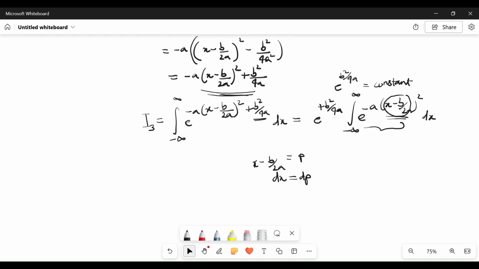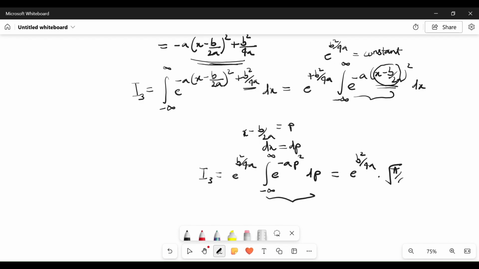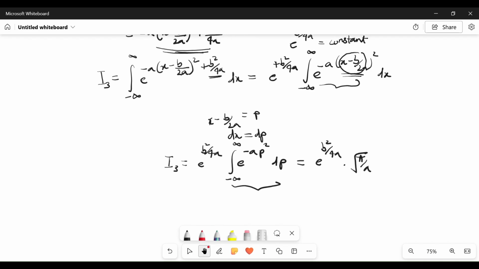So let's do it. I3 now will become e raised to b square by 4a times the integral from minus infinity to infinity of e raised to minus a p square dp. Now we know this integral, which we derived previously. So just write that. This will be e raised to b square by 4a times root pi by a.